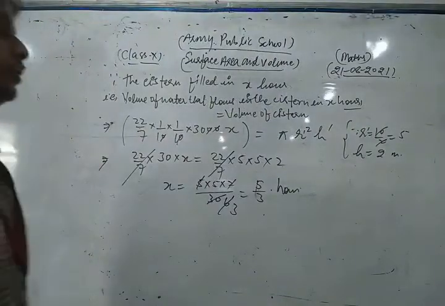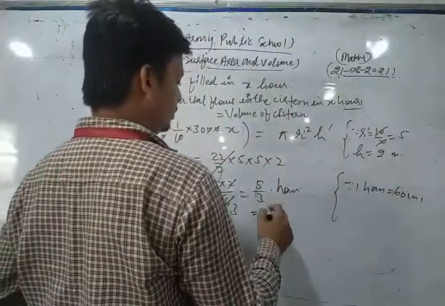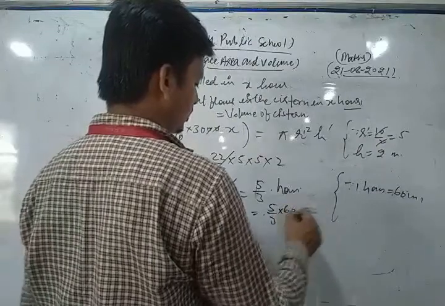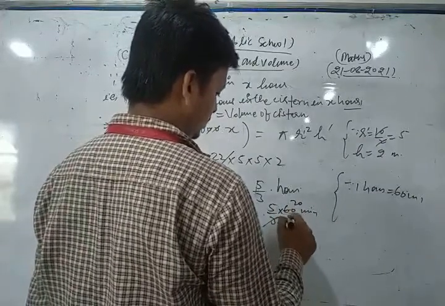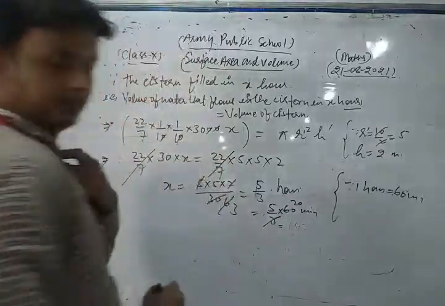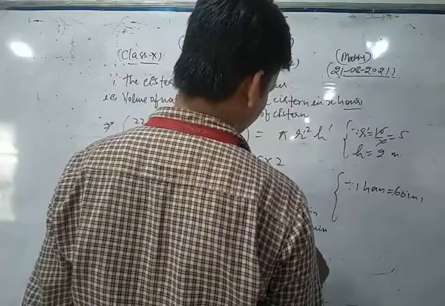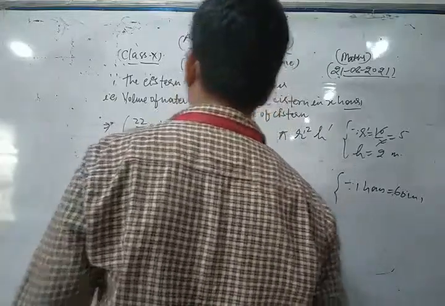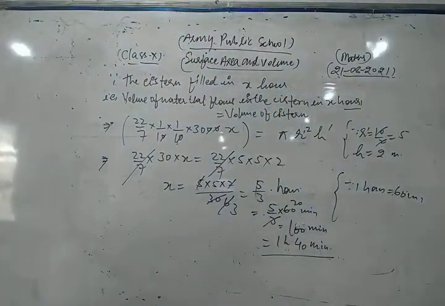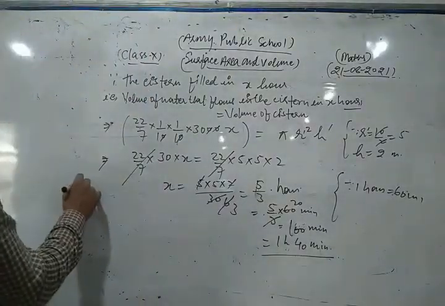Now, you know that 1 hour is equal to 60 minutes, so first of all we convert into minutes. 5 by 3 into 60 minutes is 100 minutes. And 100 minutes is 1 hour 40 minutes.